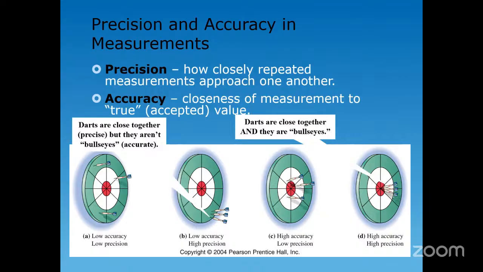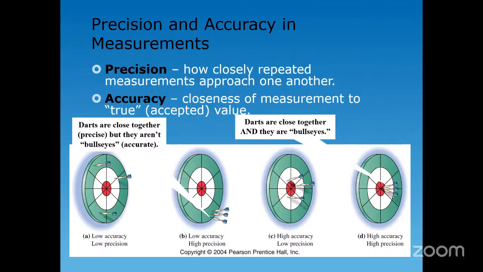To illustrate the difference between the two, we have this situation on the screen where you have a dartboard, and you're given 3 attempts to throw the dart at the dartboard. This is basically an analogy to the act of measuring something, and we're going to see how this relates to the terms accuracy and precision.